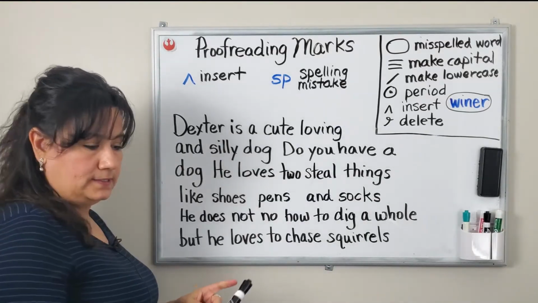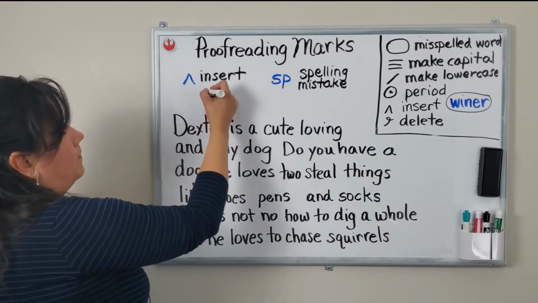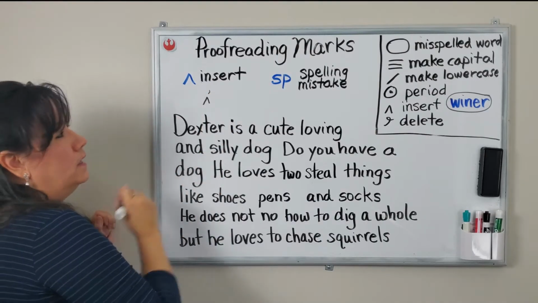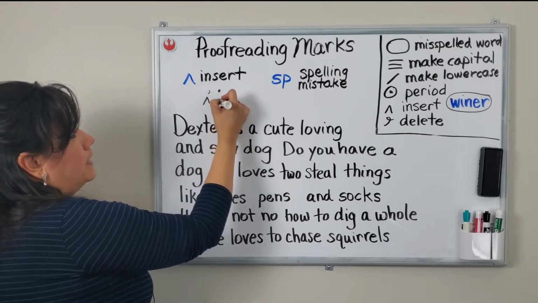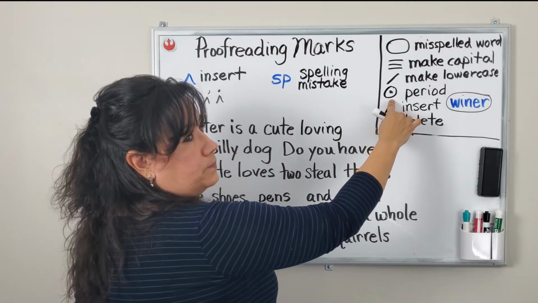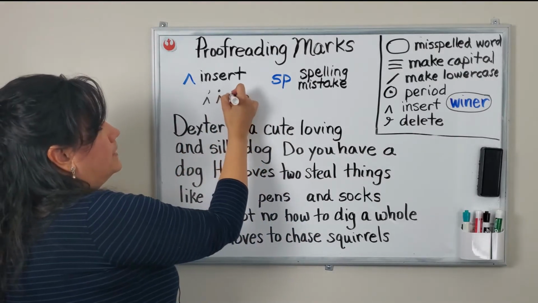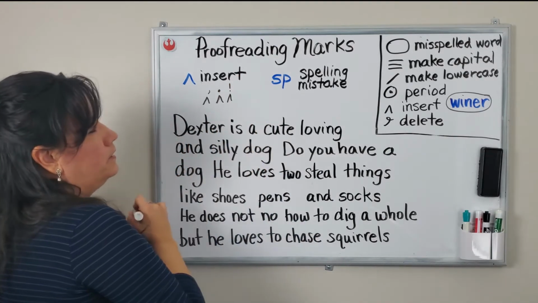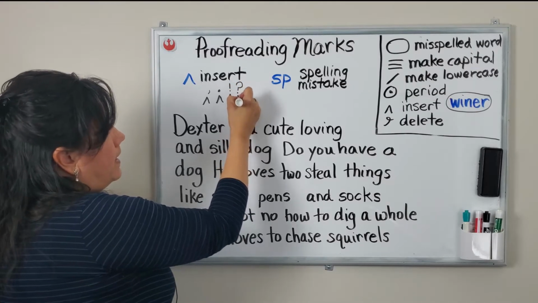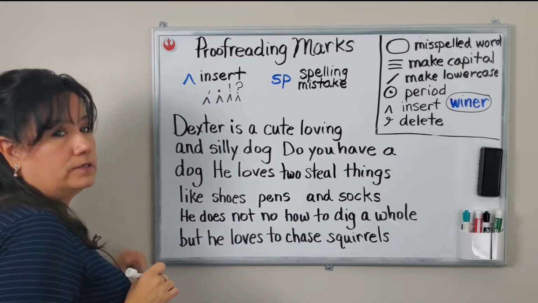Some of the things that are inserted are commas. So you need to put a comma and then the insert symbol. We can insert a period. Like I said, this one's a little different than the proofreading marks in our spelling. Okay, insert a period. We can insert an exclamation mark. We can insert a question mark as well. So these are some of the things that we're going to be doing in our seat work.